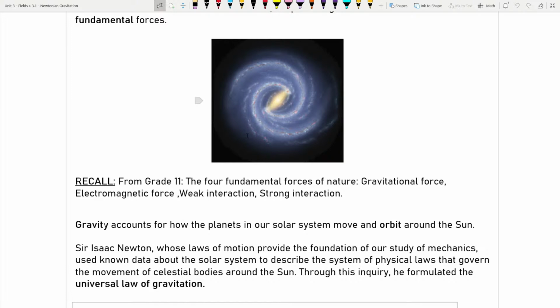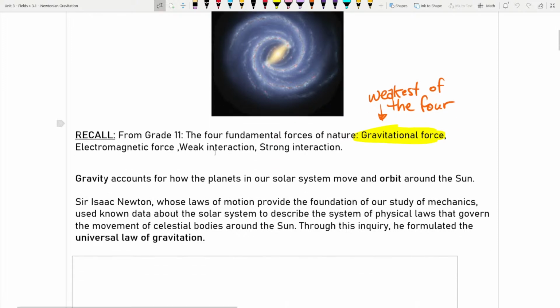And then the weak force is responsible for nuclear decay, and the strong force is responsible for holding the nucleus together. But of those, gravity is actually the weakest of the four forces. And yet without it, we don't have the universe as we understand it. So this is what we're going to look at today. How does the gravitational force work?